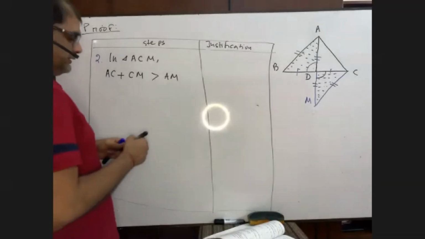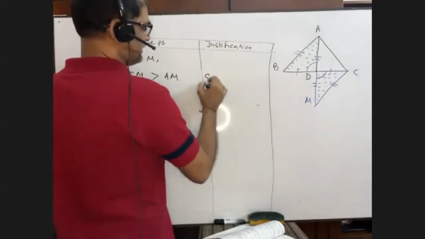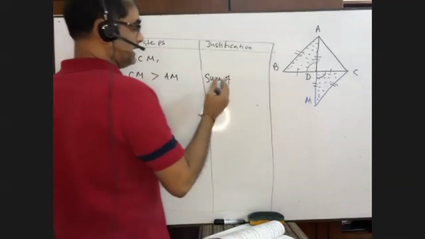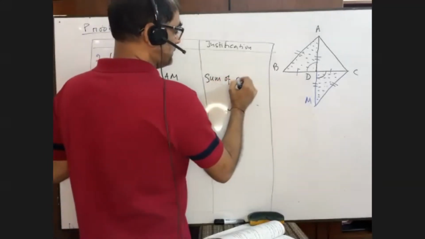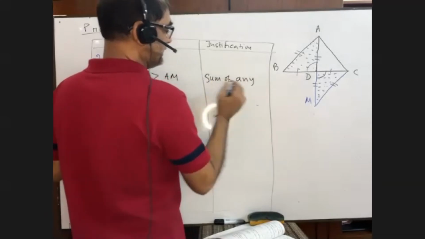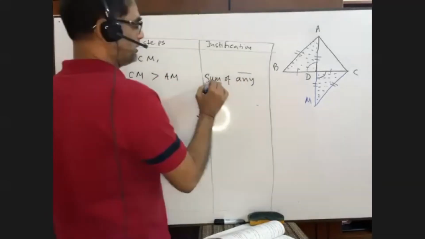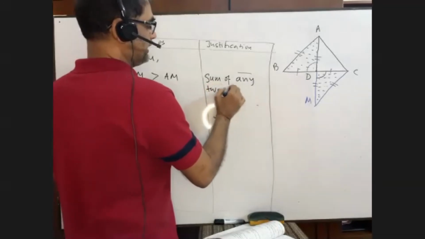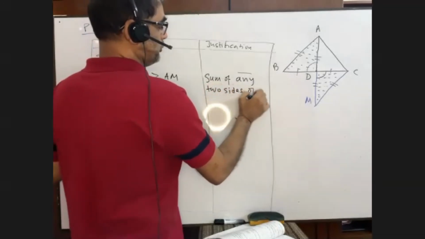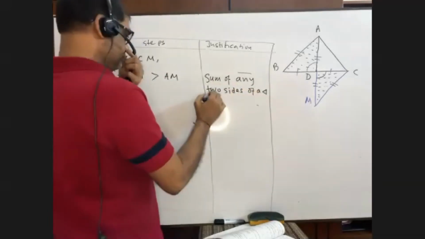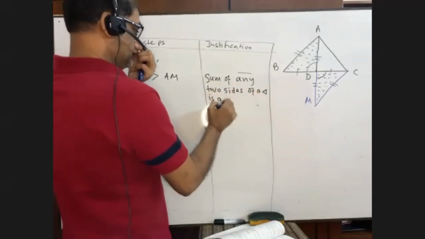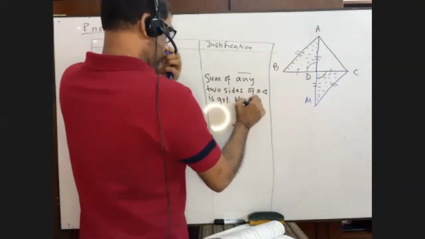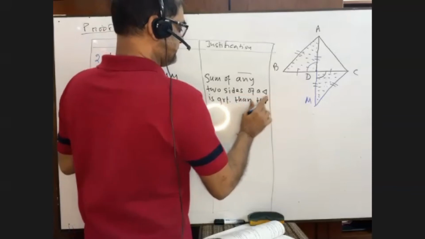You are again wrong. The word is any. Sum of any two sides of a triangle is greater than the third.